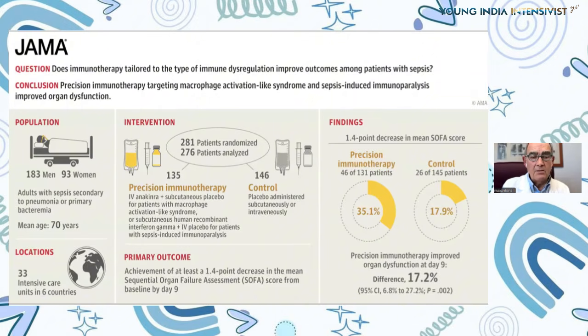Or, in case of immunoparalysis, patients received interferon gamma for the sepsis-induced immunoparalysis.